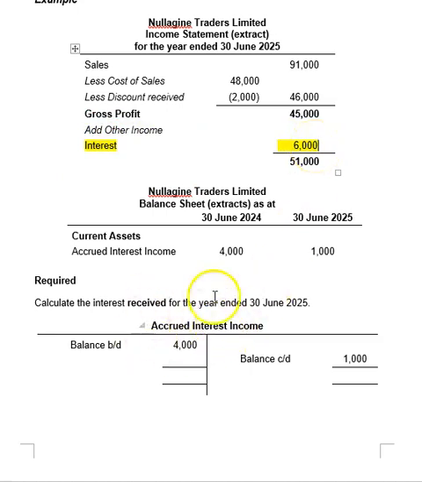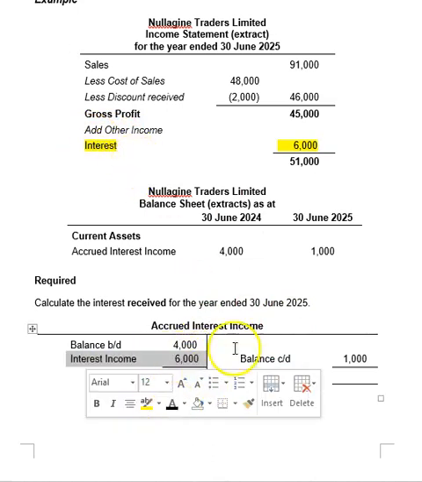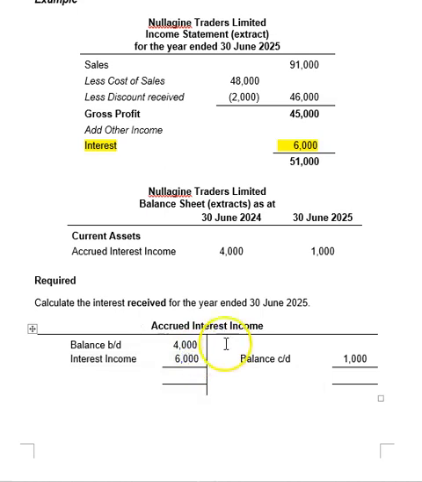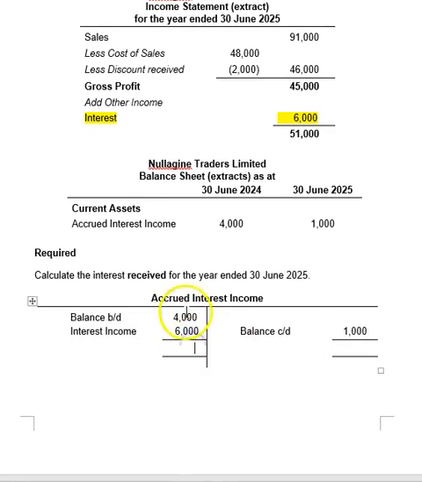Accrued interest income is the amount of interest that you have already earned but haven't received. So the interest income here will increase our accrued interest income, because at the beginning of the year they owe you 4,000, and during that year you earn another 6,000.